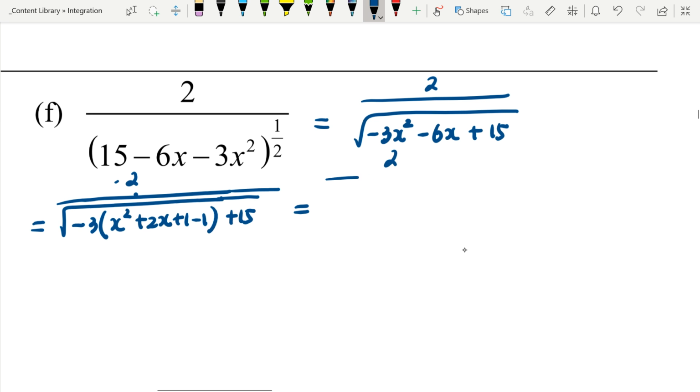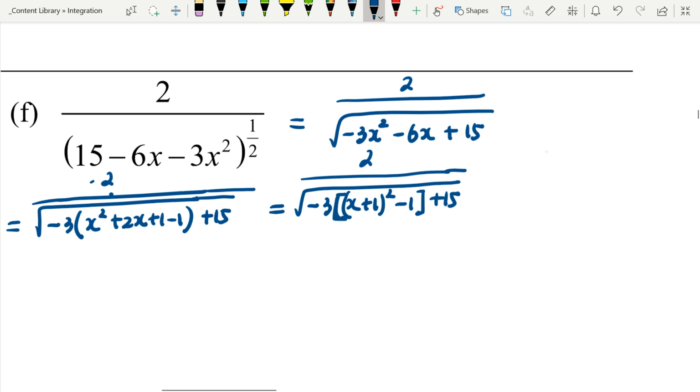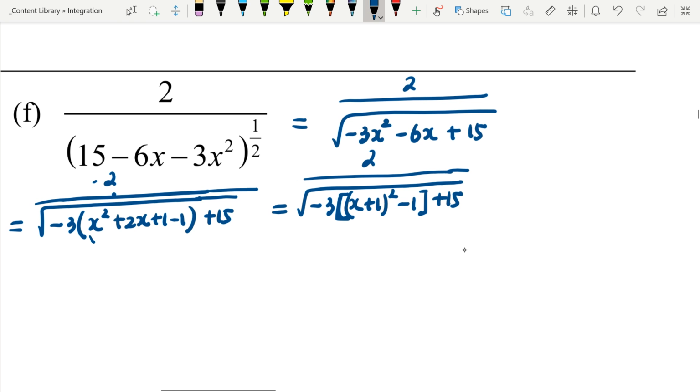So it's 2 over the square root of minus 3, and then inside the bracket, there's another bracket: x plus 1 squared minus 1, bracket, plus 15. These become x plus 1 squared, and you have the minus 1. The minus 1 is going to be multiplied by the minus 3 as well.